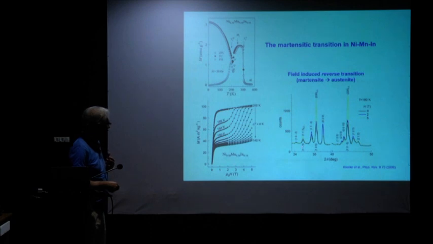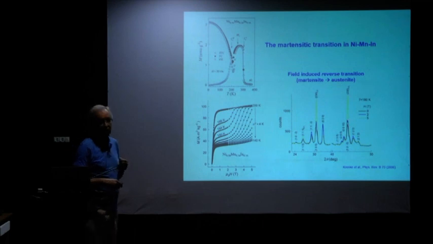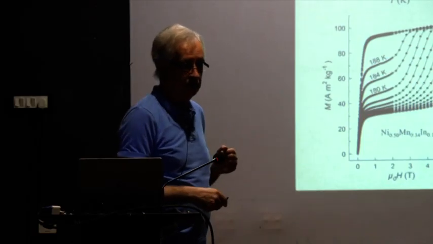Now what happens when we apply a magnetic field is at 2 Tesla, you see these blue lines over here. They start increasing, whereas the intensity of the black lines starts decreasing. And when you are up at 5 Tesla, you see that your peaks related to the cubic structure have gained intensity.